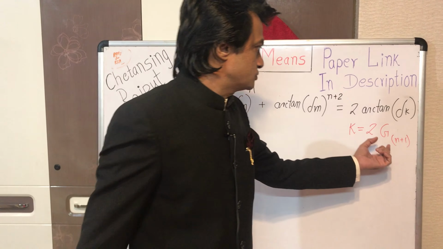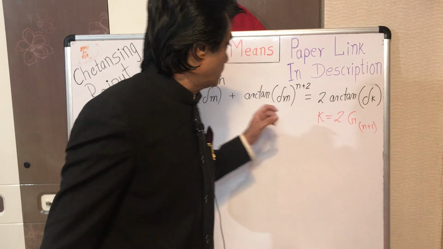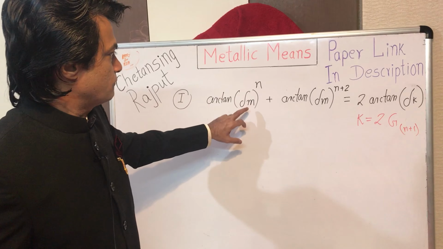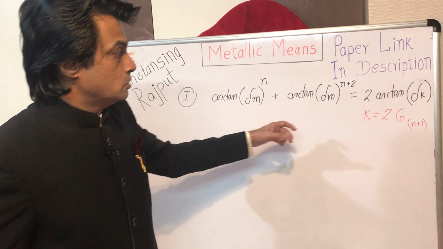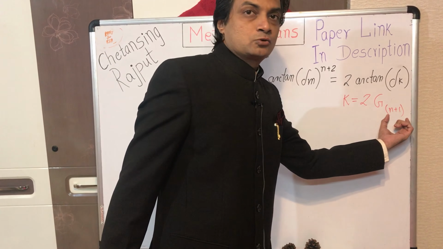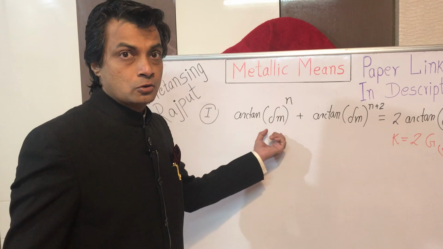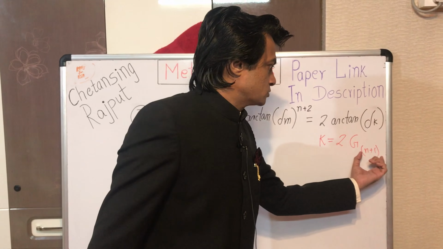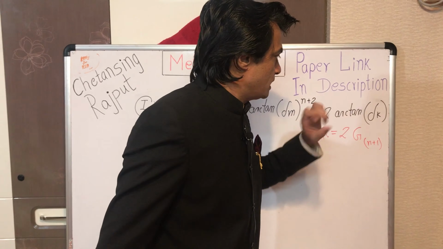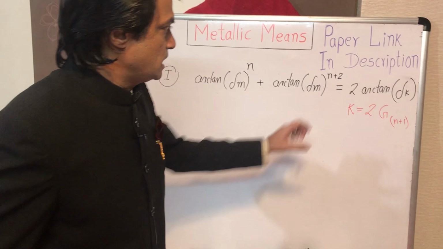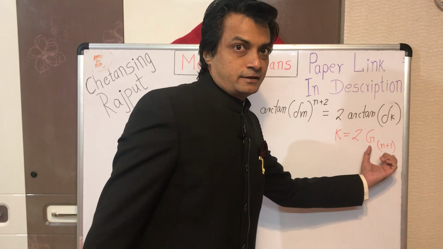Okay, the generalized integer sequence for that particular metallic mean. For example, if it is golden ratio, this will be n plus 1th term of Fibonacci sequence. If it is silver ratio, this will be n plus 1th term of the Pell sequence. And k will be twice of that term.